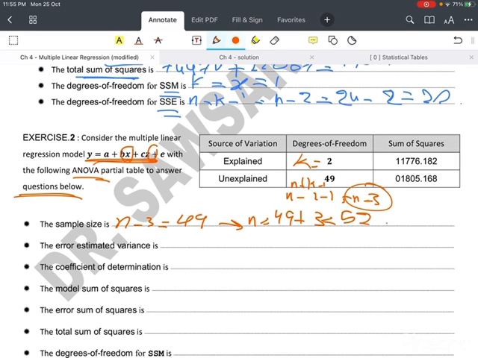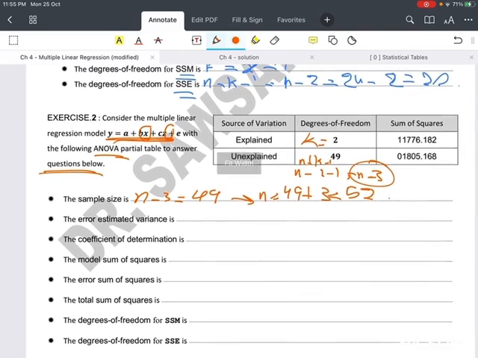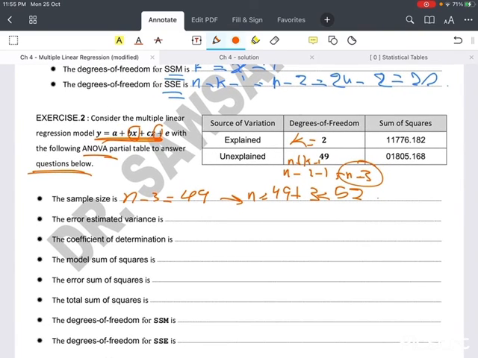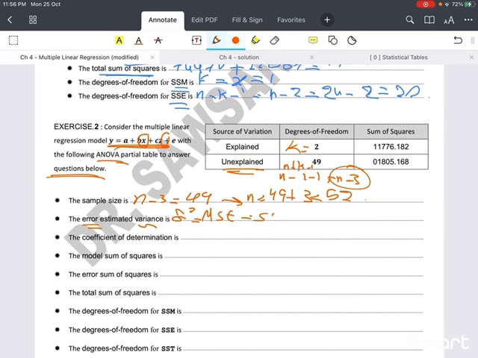The estimated error variance. As we said, the error, I will go for unexplained. The variance, which is s squared, sigma squared hat, which is MSE. How do we find it? It is SSE over the degree of freedom.